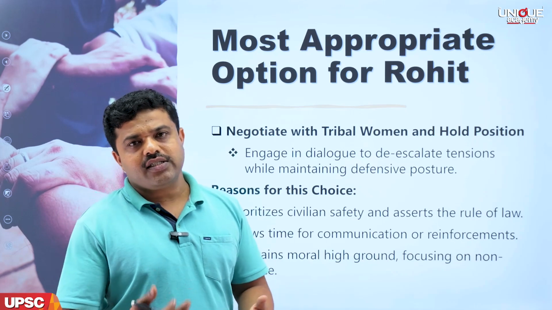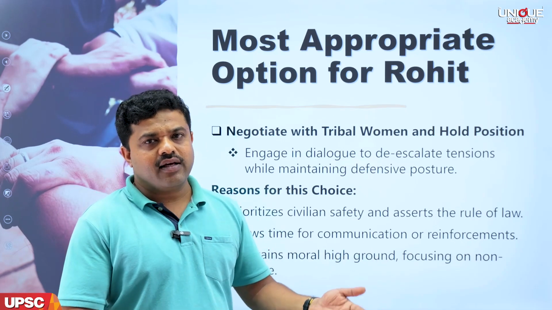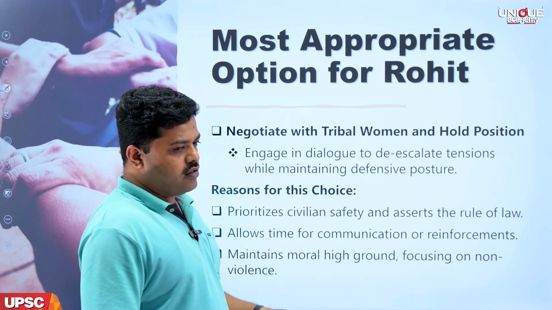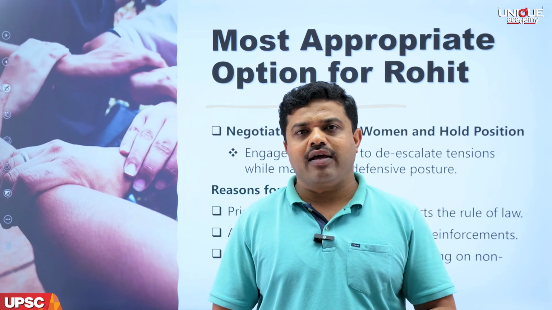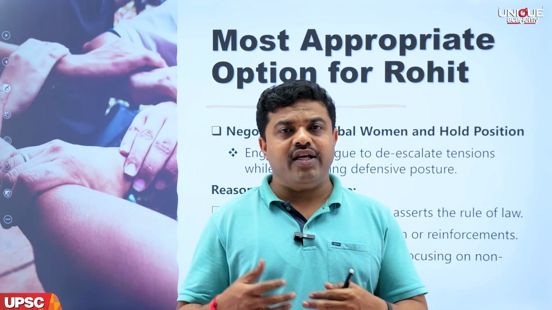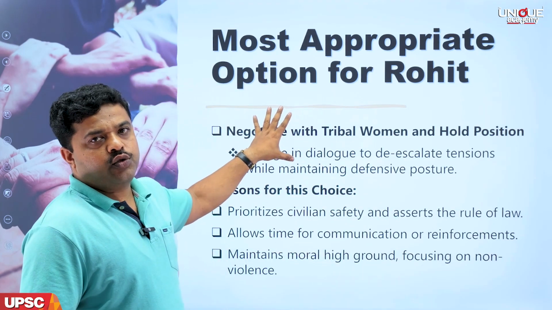So when your negotiations are happening, someone can go out and seek the help. And third, maintains moral high ground, focusing on non-violence. So since you are not engaging into violence, you are maintaining a moral high ground. You are not giving chance to women protesters to engage into violence. So these are the reasons for which this is the best option that you need to tell.